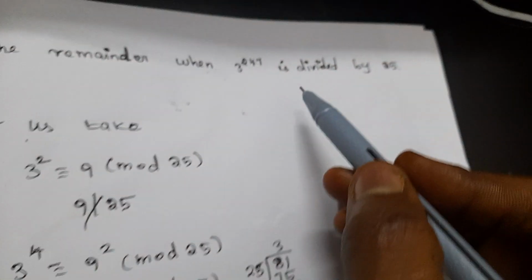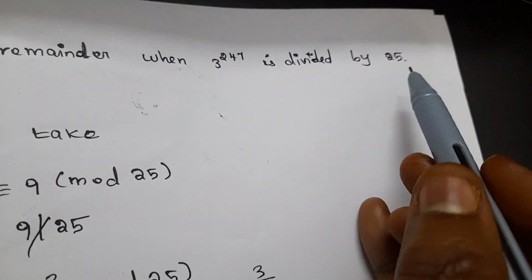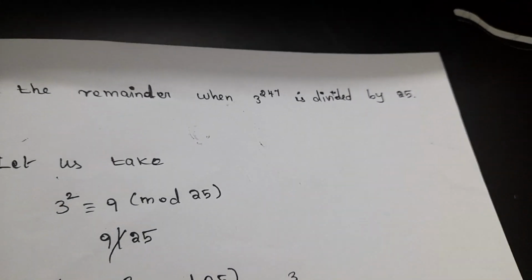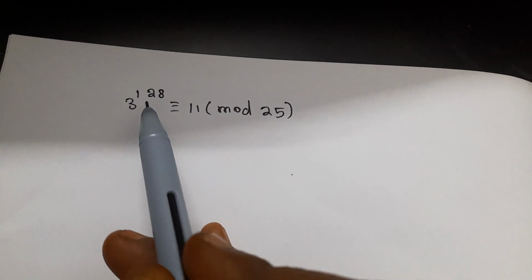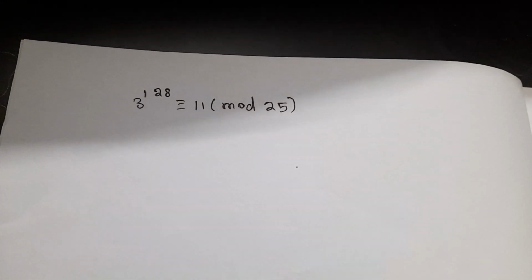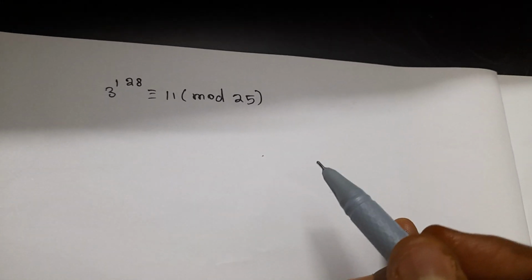Now in the sum, we have to find the remainder when 3 power 247 is divided by 25. If we take the square of this term again, we get 256, which exceeds 247.